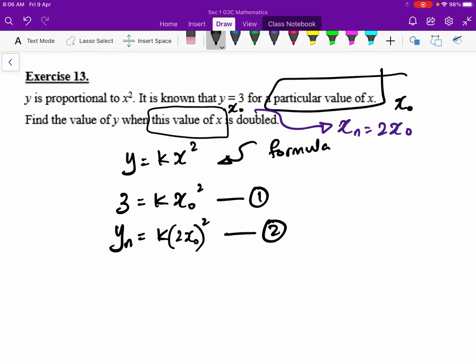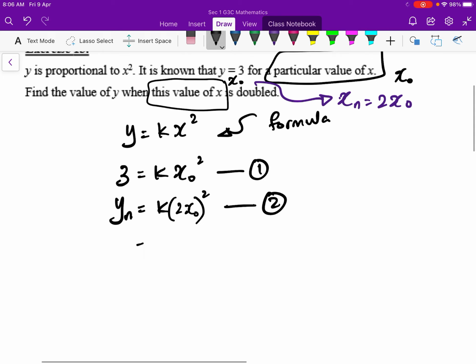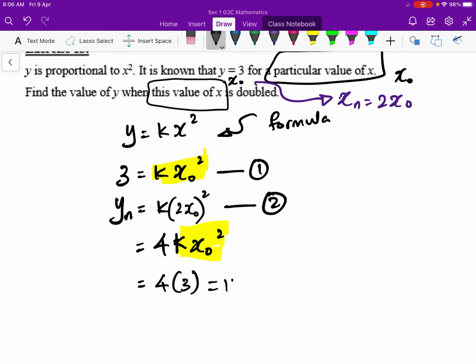The square belongs to the entire 2x0. Then we get, I'm going to skip one step, I'm going to put a number in front already, 4 k x0 squared. Okay? Then you see the same thing again, k x0 squared. What does that equal to? It was equal to 3. So replace it, 4 times 3, and you get 12.